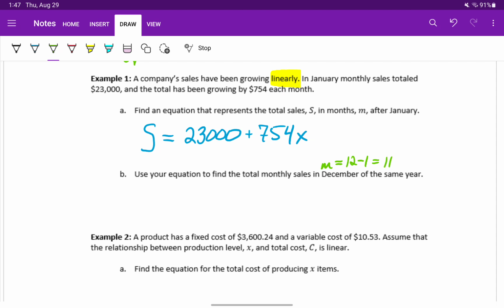December is going to be the 11th month of the year if we consider January to be the 0 month. So for S, this will be set equal to 23,000 plus 754 times 11 because we want total sales 11 months after January.